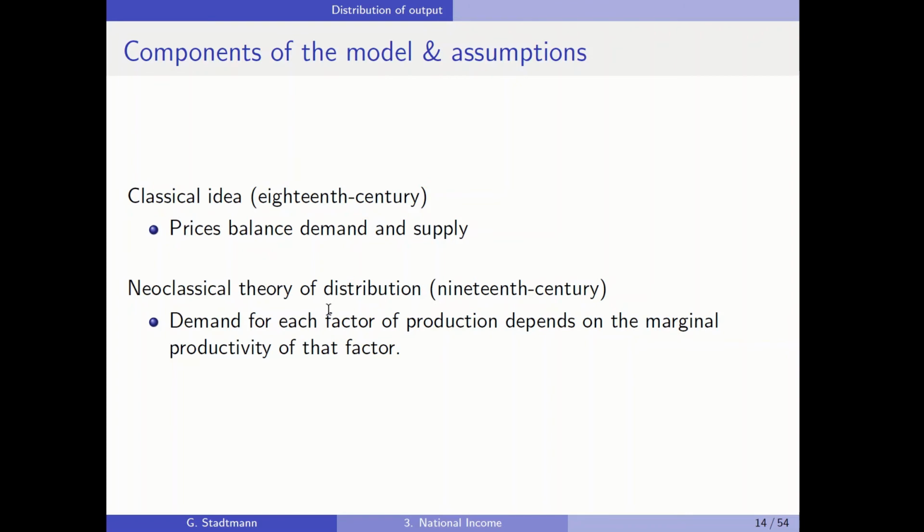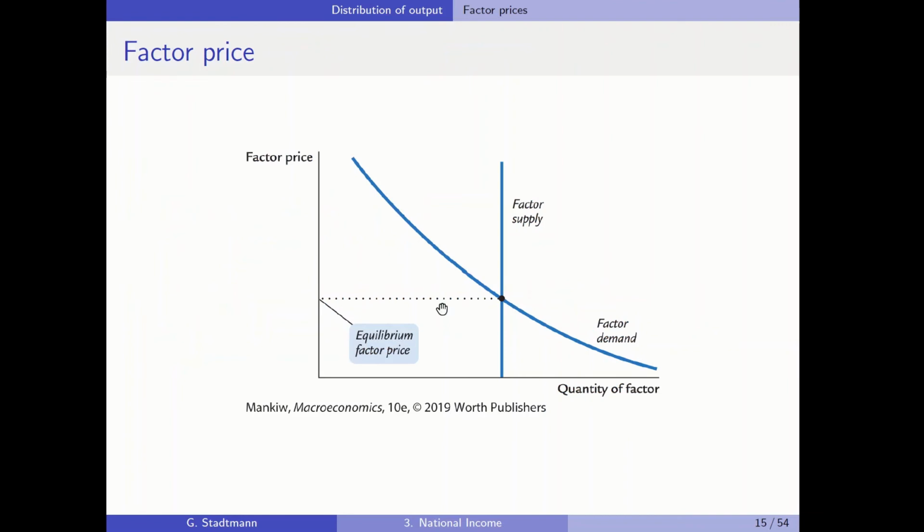So the classical idea, what does that imply? It implies that we are working in a diagram. Factor supply is a vertical line because we assumed that the amount of capital or labor within one economy is constant.